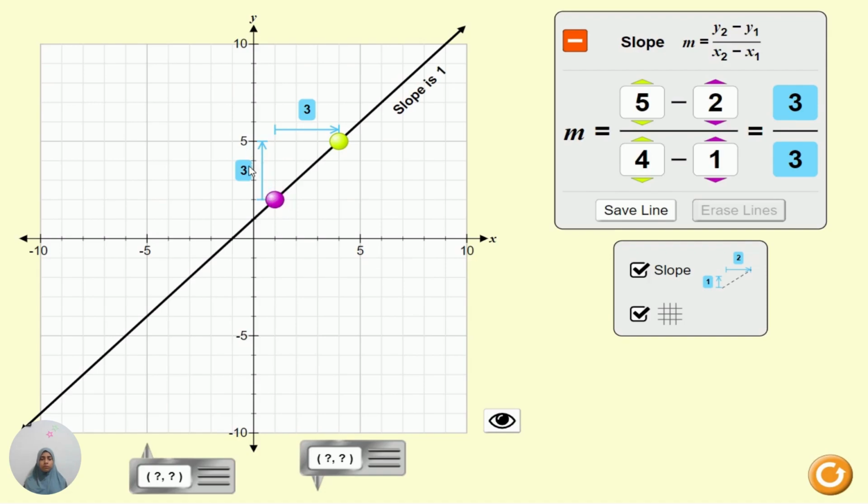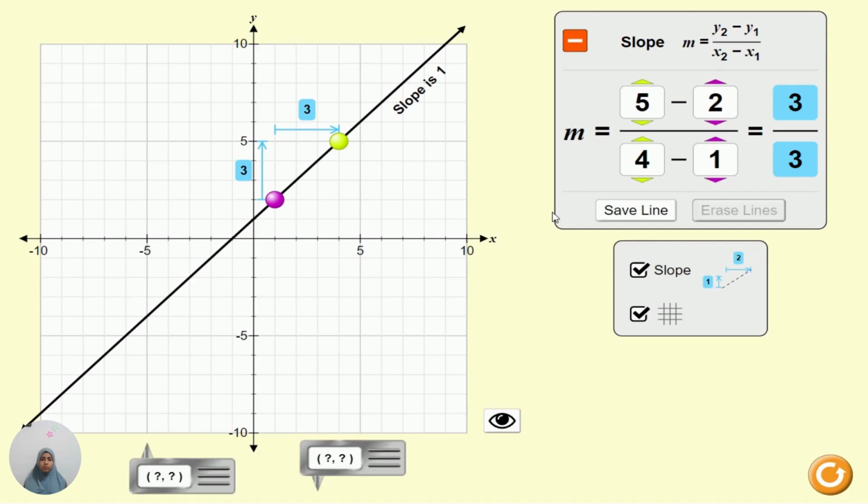So that would give me 3, 5 minus 2. It basically is just the difference between the y values of both the points and the x values of both the points. And that would give me 3 for the y value and 3 for the x value.